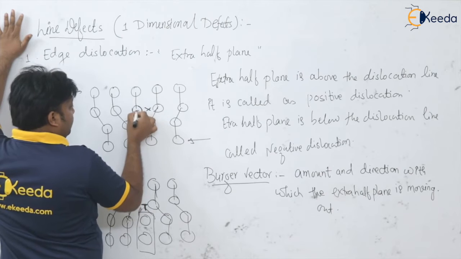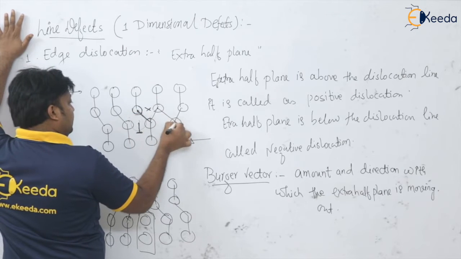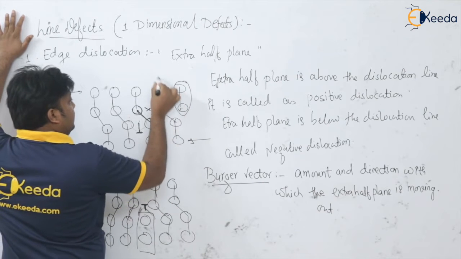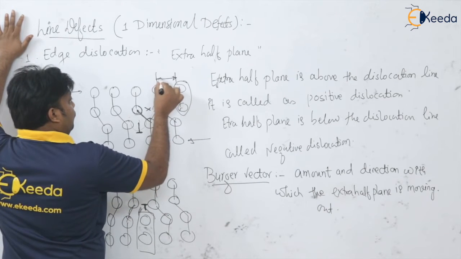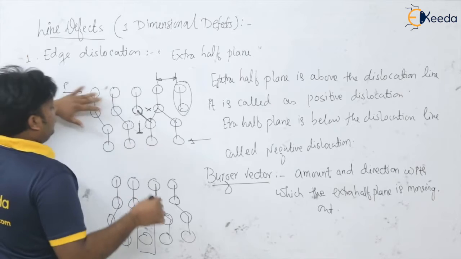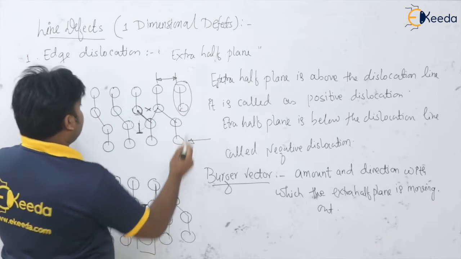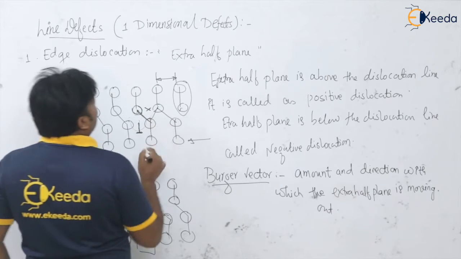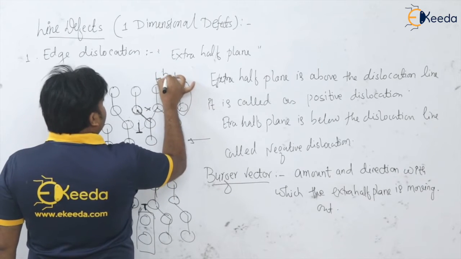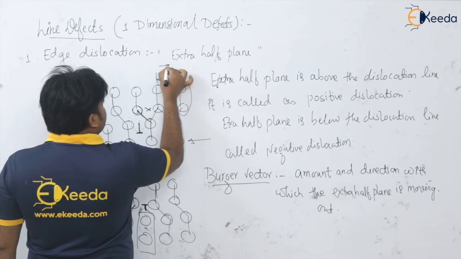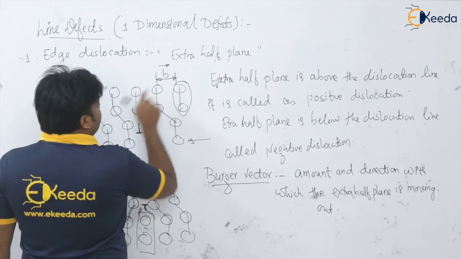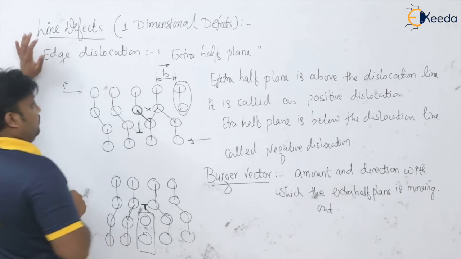These bonds are going to break and the new bond is going to form like this, and in this way this extra half of the plane is going out of this arrangement, and now these atoms are regularly positioned. So how much distance and direction is given by this Burgers vector b bar or b cap.